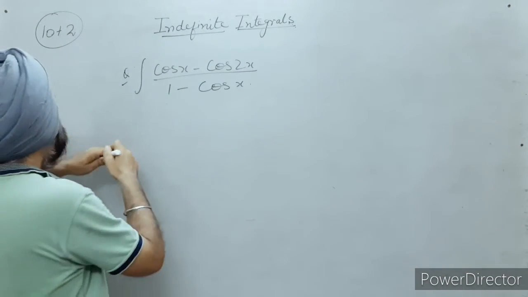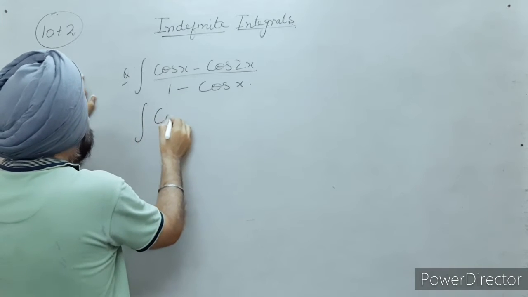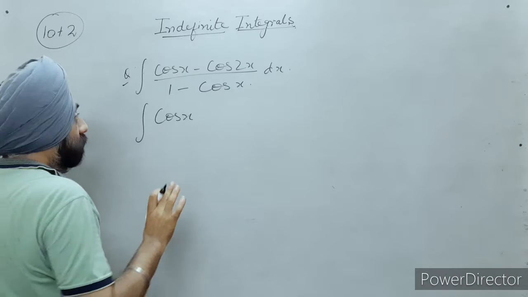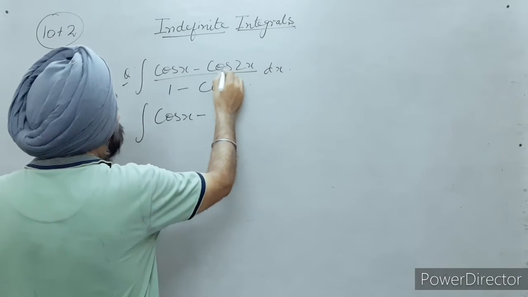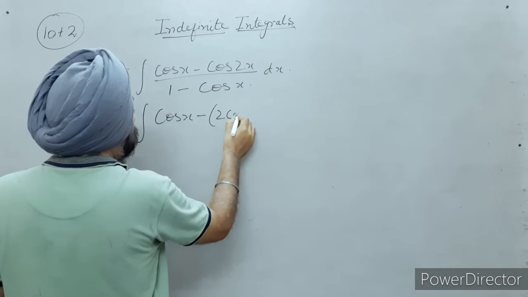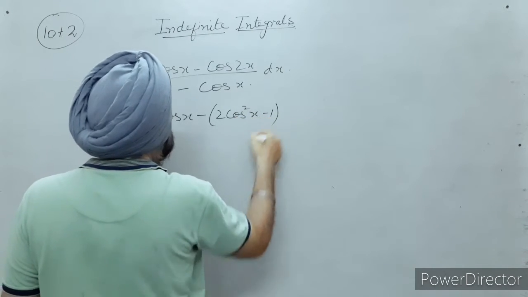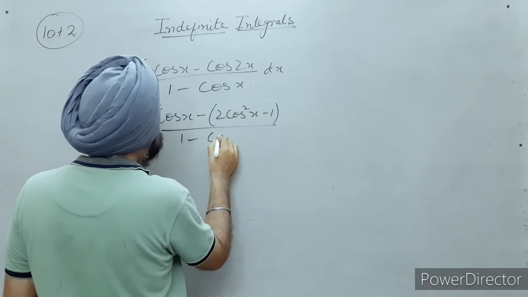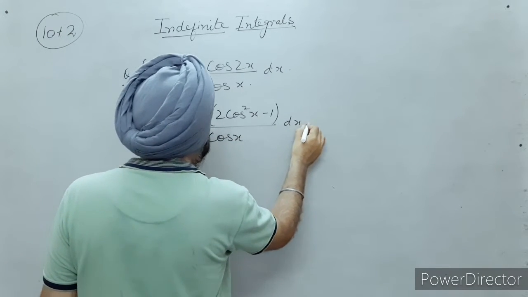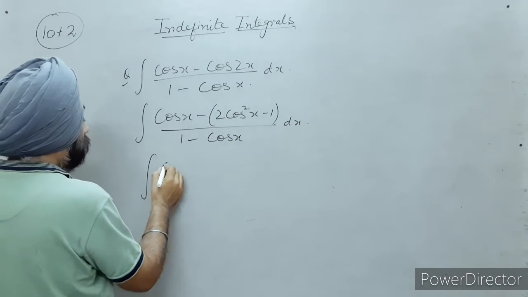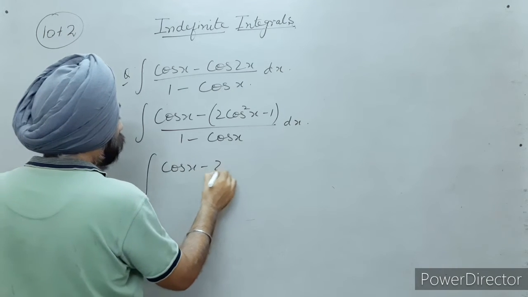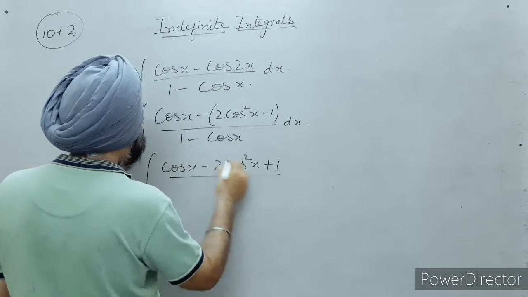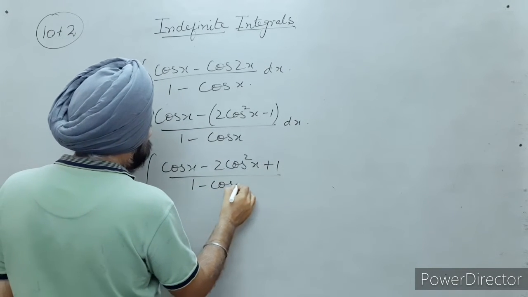Now, I again have to use the identity: cos x as it is minus, I can write cos 2x as 2 cos square x minus 1, divided by 1 minus cos x dx. What happens now? Cos x, open the brackets, 2 cos square x plus 1 divided by 1 minus cos x.